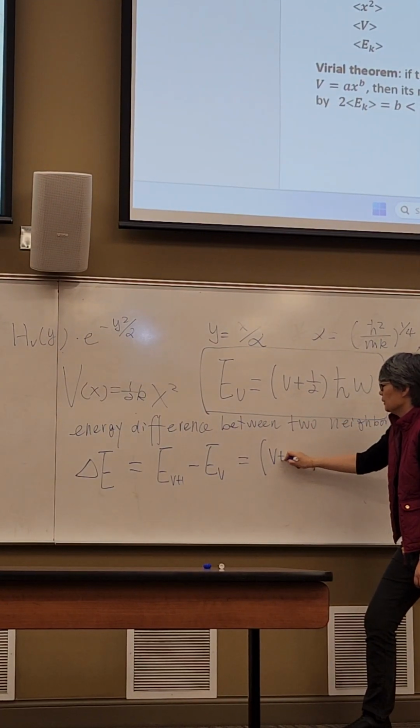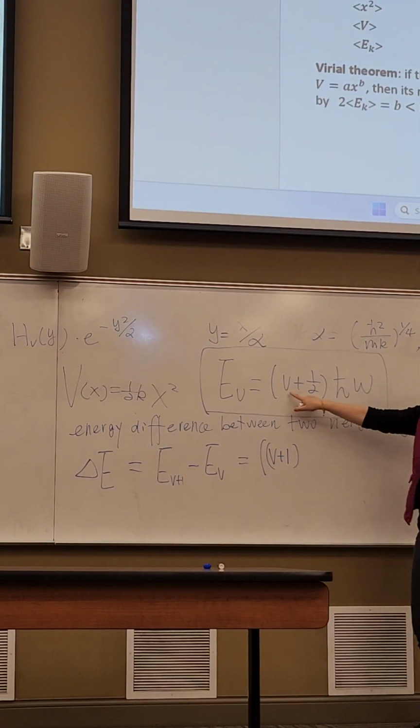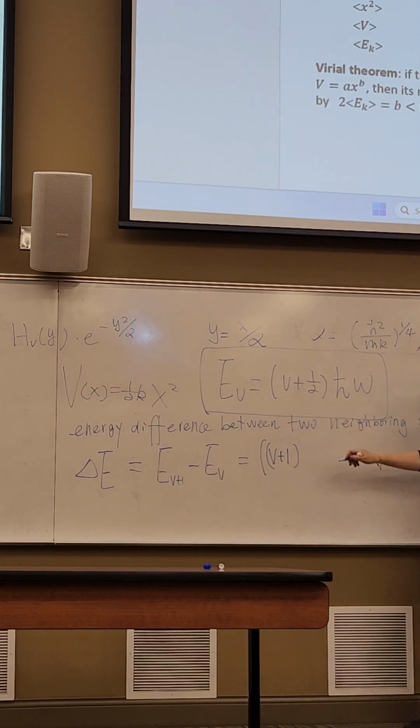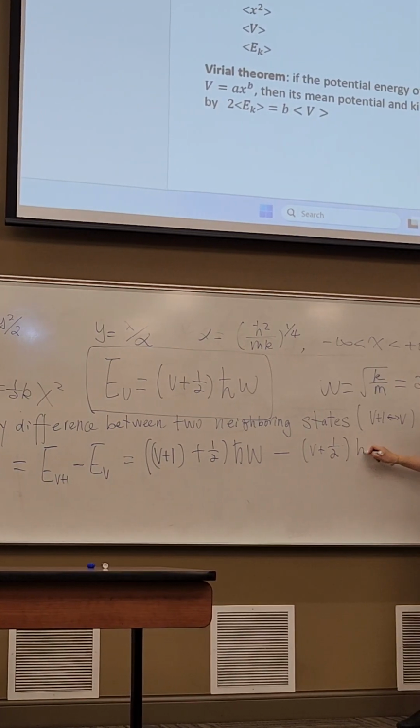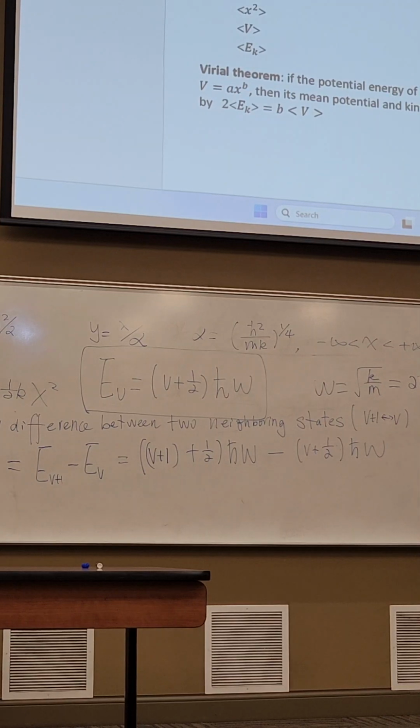So this will be v plus 1, that's your quantum state, plus 1/2 h bar omega, then minus the state for energy with v equals 1, so v plus 1/2 h bar omega.